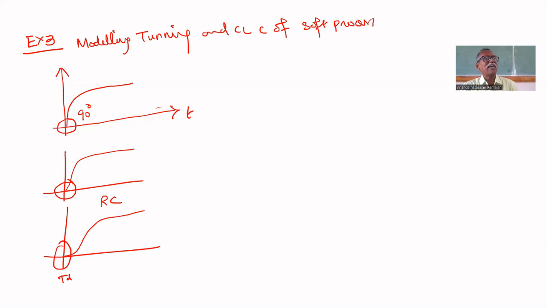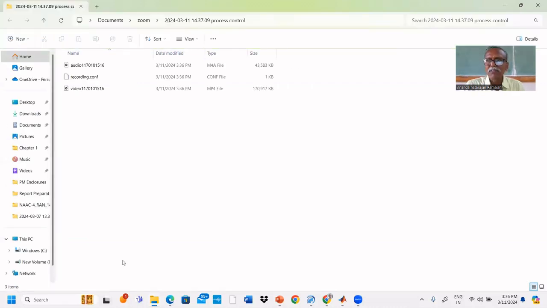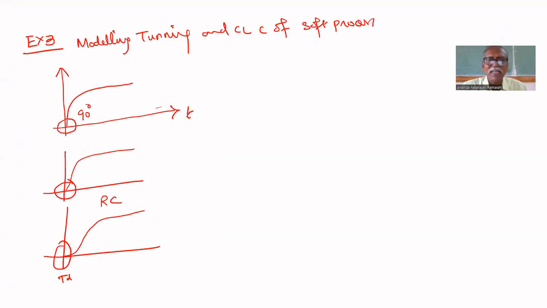The fourth vehicle, in that system, is fourth order because three first order systems are cascaded to that. First vehicle is only first order, second vehicle second order, fourth vehicle fourth order. So there will be a delay that you can understand. That's why you will get a delay here, TD.